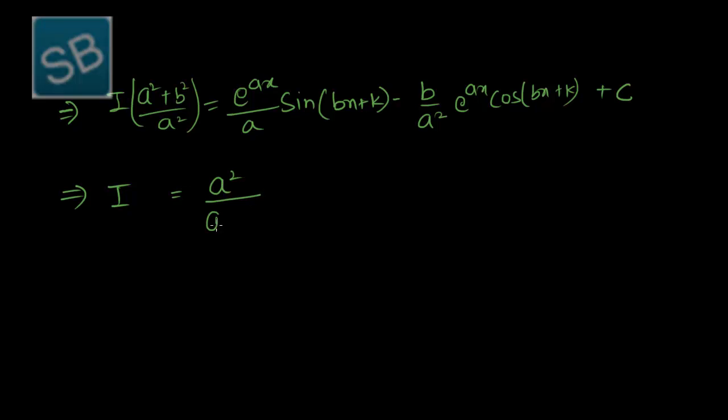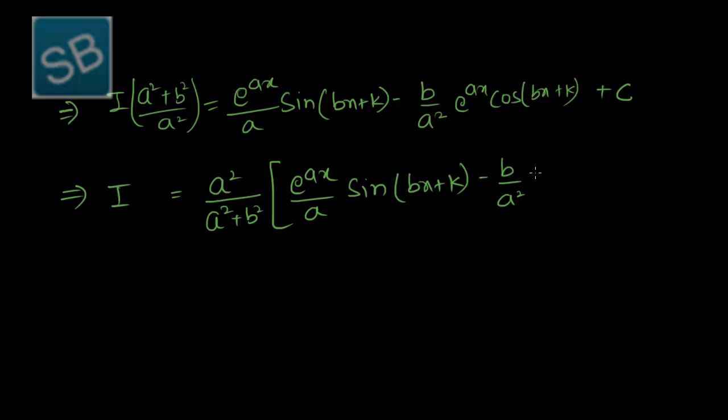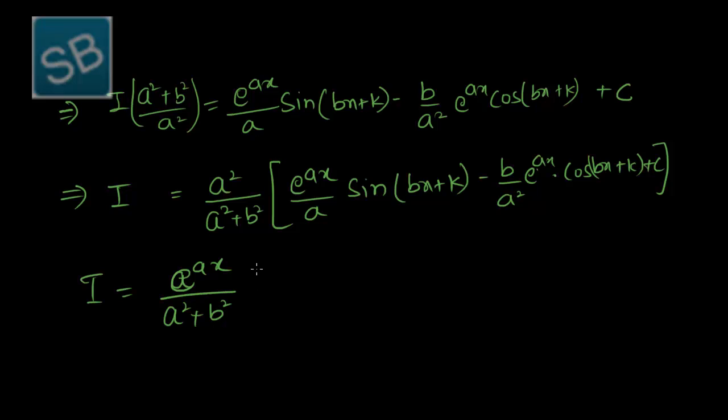a square over (a square plus b square) into e raised to power ax over a sine (bx plus k) minus b over a square e raised to power ax into cos of (bx plus k) plus c. So we get I is equal to a e raised to power ax common, and a square plus b square is also common.